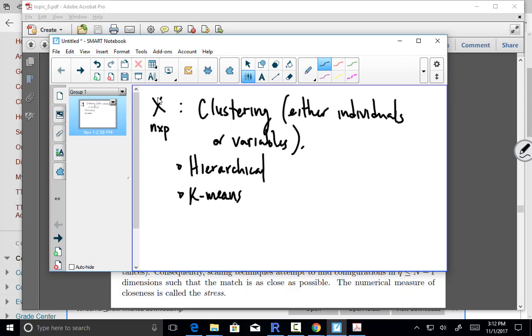Then my clustering algorithm would say, for an arbitrary individual, compute the distance between that individual and those two centroids. Which centroid, which cluster, is that individual closest to? And that's where I cluster them. Individual i is put into group 1 because it's closest to the typical vector of responses for group 1.